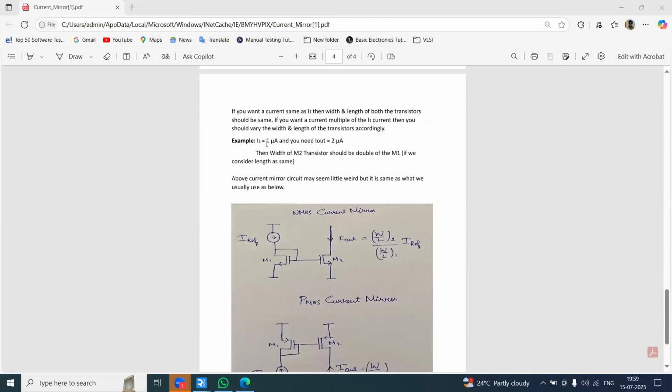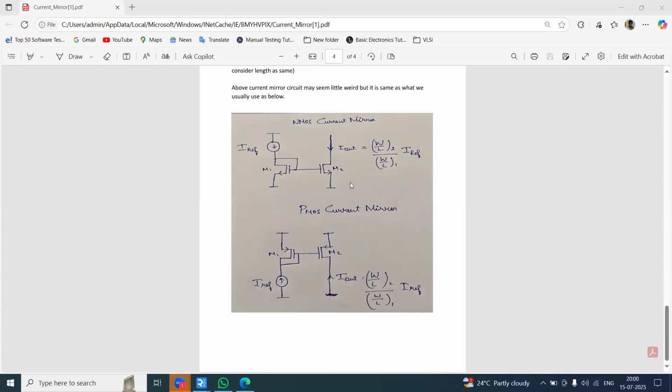Here the thing is simple. I1 is the current which we are applying, 1 microampere. So you need the I output as 2 microampere. In order to get the 2 microampere, what do we need to do? W by L of 2 divided by W by L of 1 times the reference current is the formula for the output current.